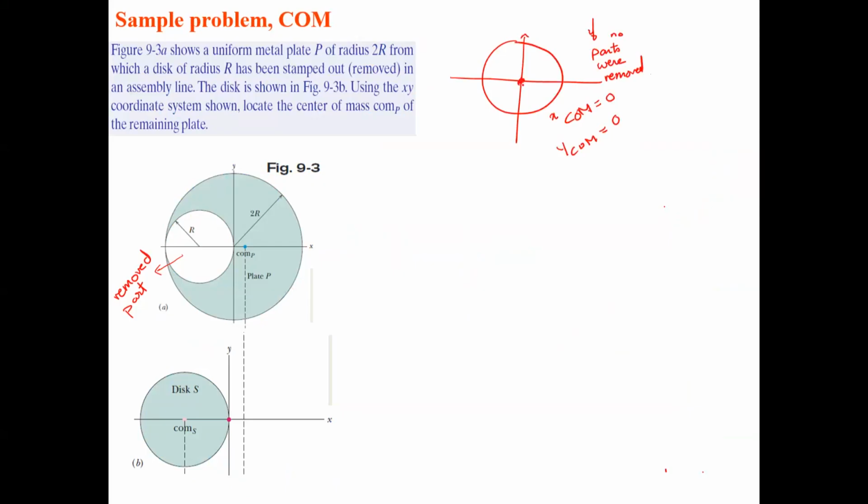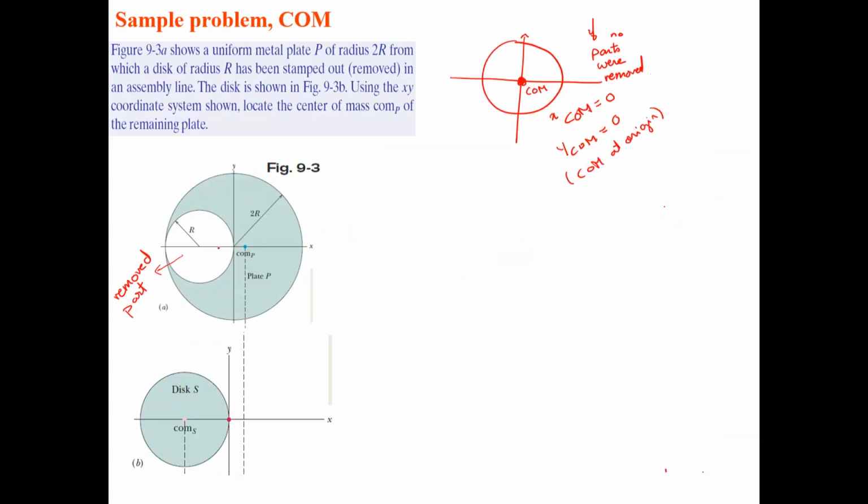It's simply at the origin. So if I had a simple disk, its total mass would be concentrated at its center, which is at the origin here. So its coordinates will be just 0, 0.